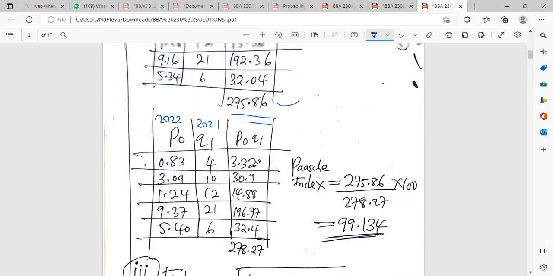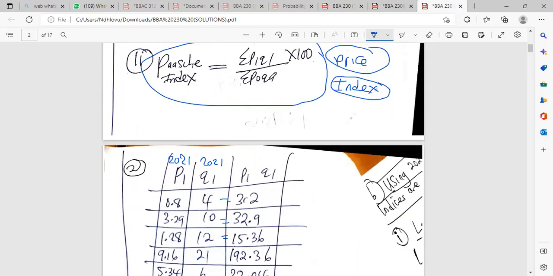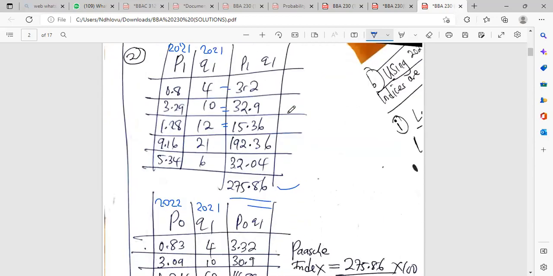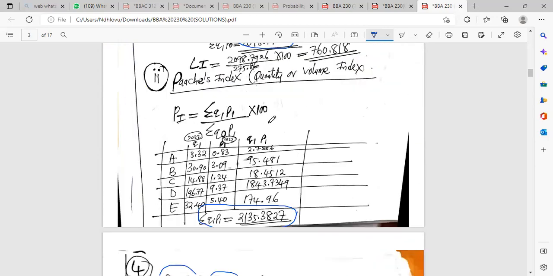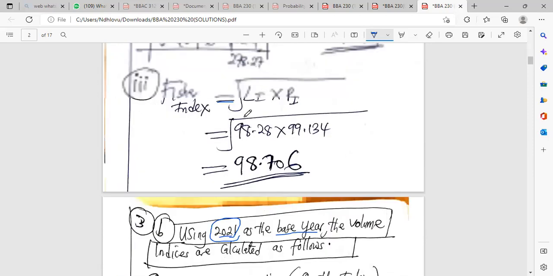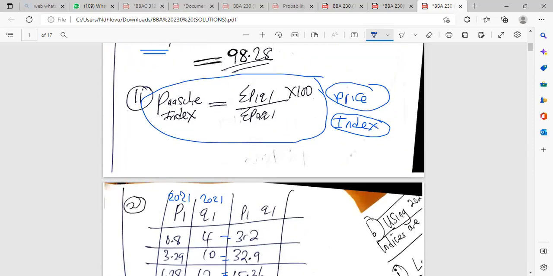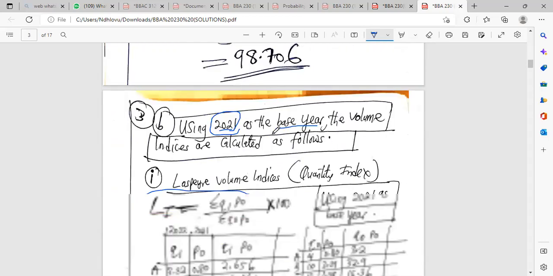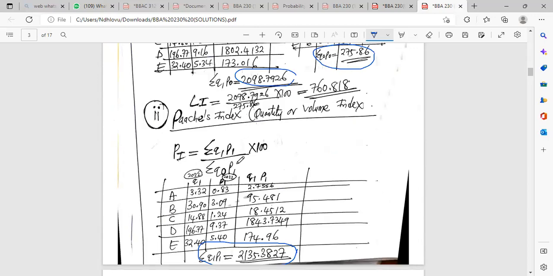If you see here, it was the summation of P1 Q1 over the summation of P1 Q0, so it's almost the same, but what changes is at the bottom, where we are going to have Q0 P1.